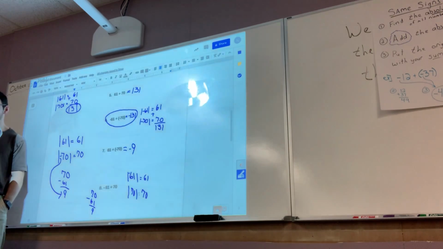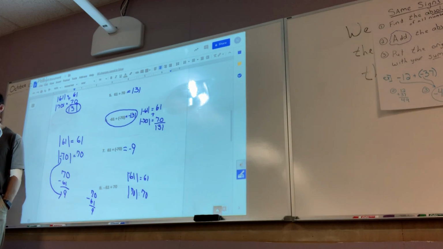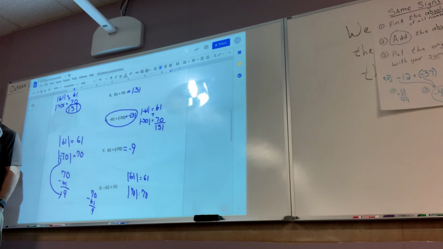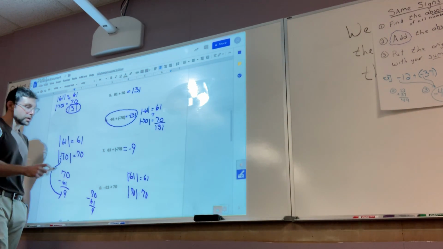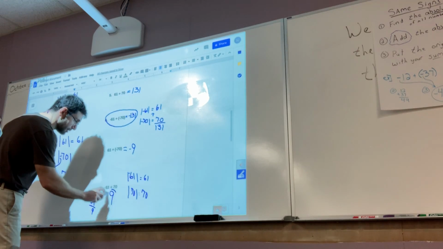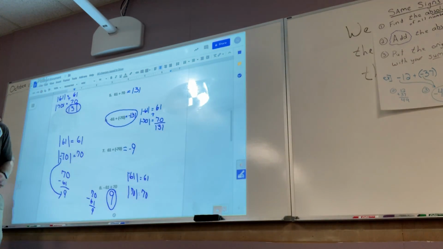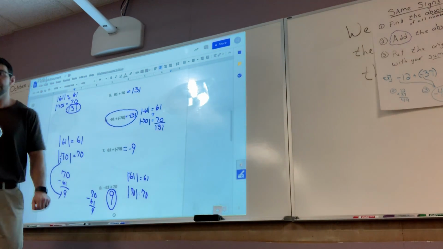So far you're done with 2 steps. What's the 3rd step? Put the sign of the larger absolute value. So which one's the bigger absolute value, 70 or 61? What was the sign with 70? Positive. So my answer is positive. Questions? Okay, adding and subtracting, pretty easy.